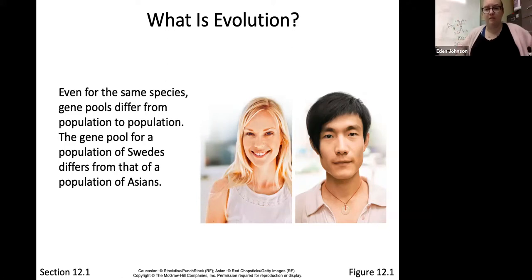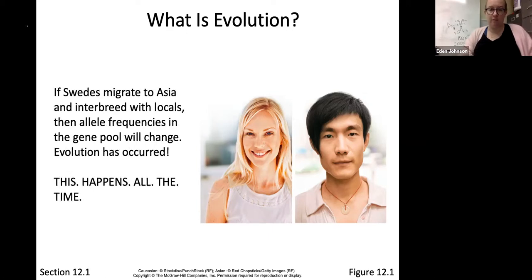But does that happen? No. You have travel, you have migration, you have people just moving to different places all the time. Okay, so any new introduction of a human or an organism to a population that they weren't in before is going to literally change the gene pool of that population.